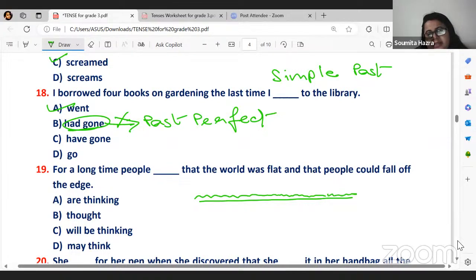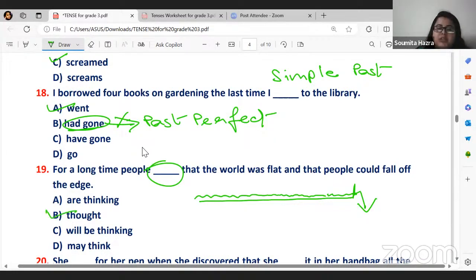This is the edge, and then you just fall down. So this is what people used to think. But what will I use here? For a long time, people, what did people do?